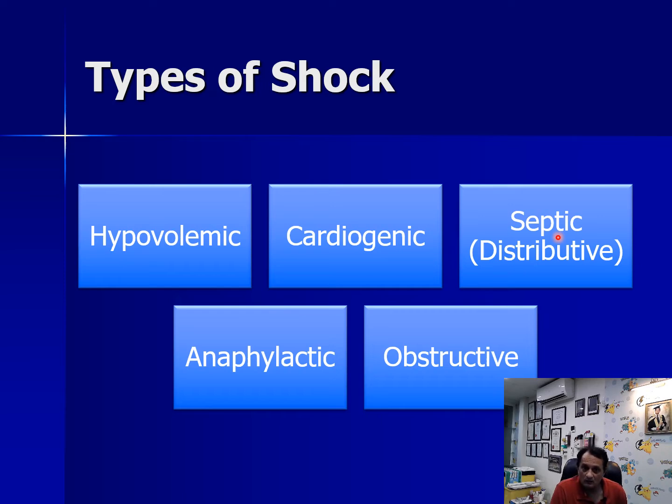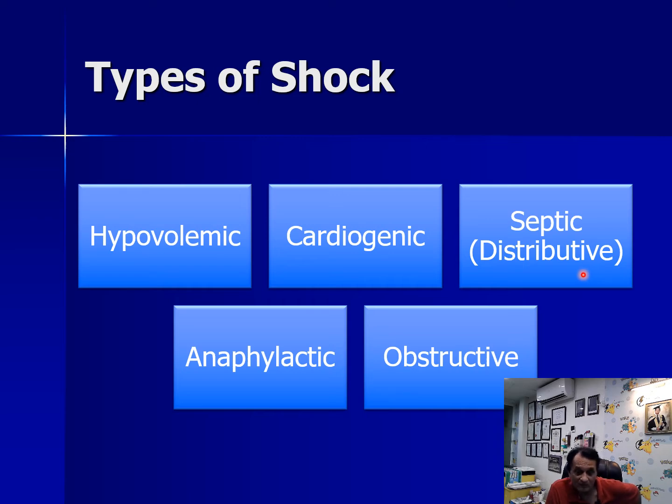Once it is distributive, because the tank has been dilated, the blood pressure is on the lower side, the mixed venous saturation is also on the lower side, urine output is decreased, and lactate is building up above 2. So these are the three parameters other than the clinical parameters we need to keep an eye on.